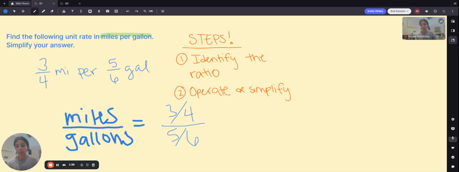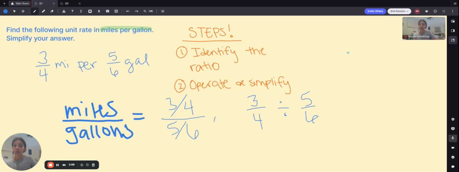Now, leading into our second step, is to operate and simplify. We should remember that ratios can also represent fractions, which also represent division problems. So we're going to treat this as a division problem and set it up as division: 3/4, our numerator, divided by 5/6, our denominator. Now we operate and simplify.